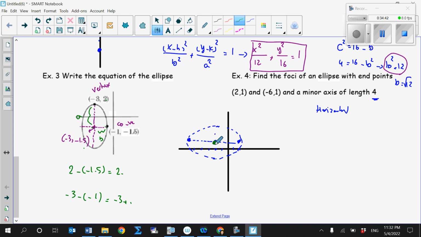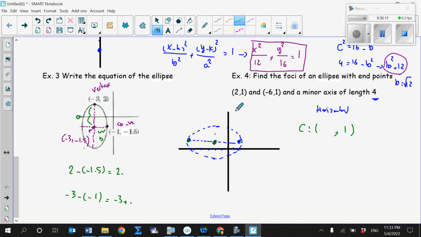Now, I need to find the center first. What is the coordinate of the center? You can find it from here because, first of all, it's on the same line as the vertex points, the two endpoints, so the y value will be the same. So C has the same y value of these 2 points. It's 1. What is the x of this point? That's the midpoint of the 2 vertices.